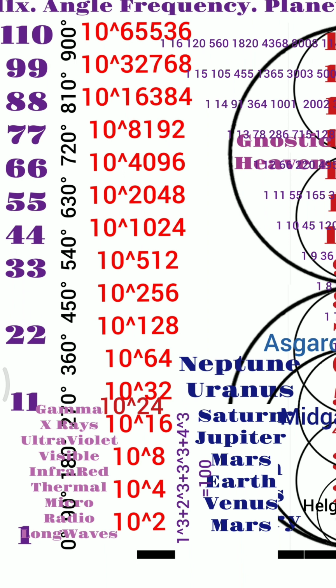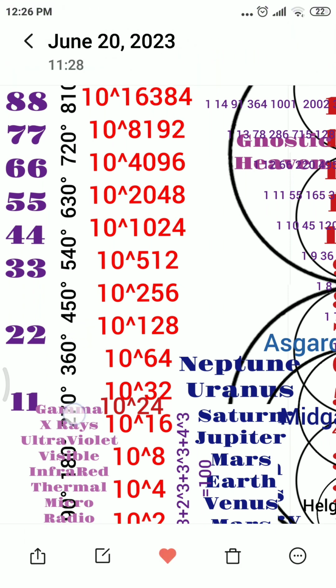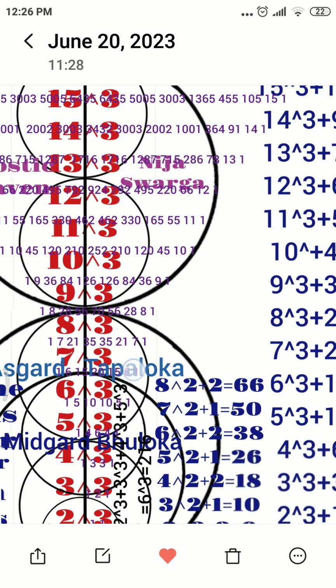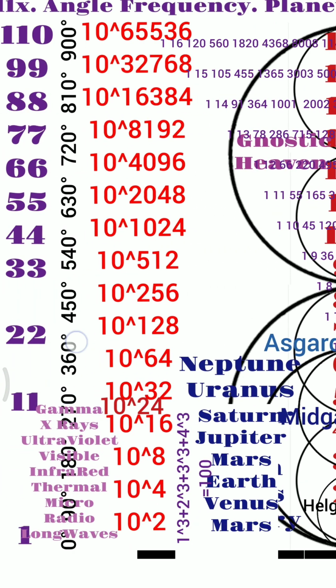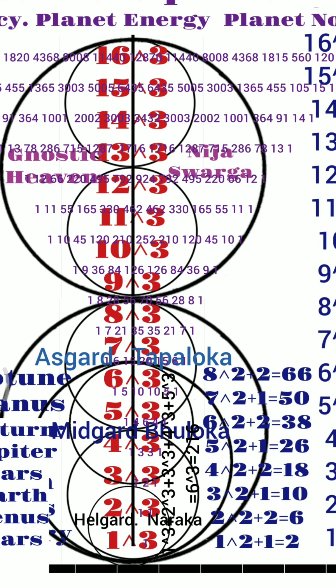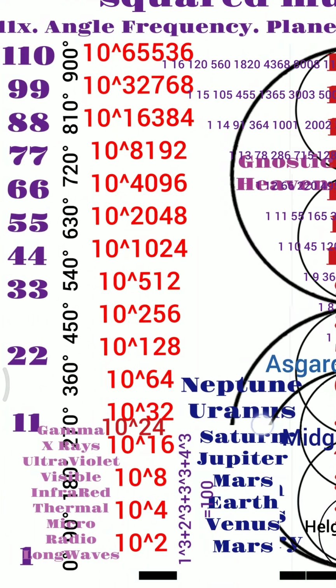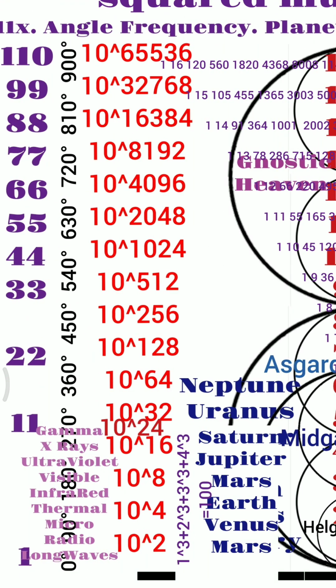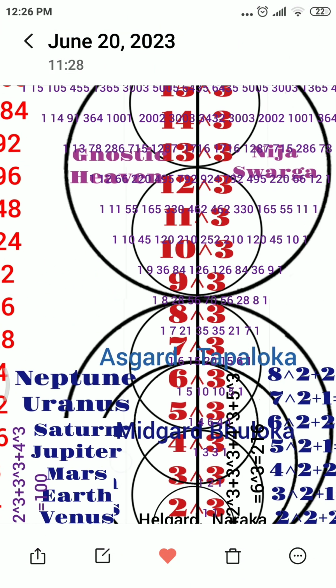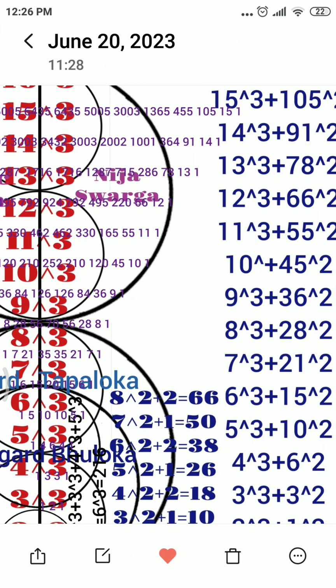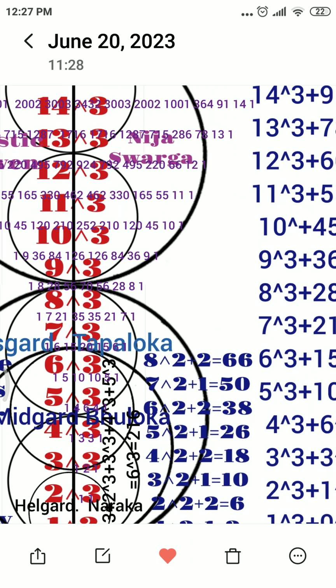Humans can watch all these, and up to here it is well developed, and from here to here we still have the potential of watching these radiations also, but that we use in the third eye chakra, crown chakra. Only those who master those chakras can view up to this frequency. So that is evolution based on frequencies.